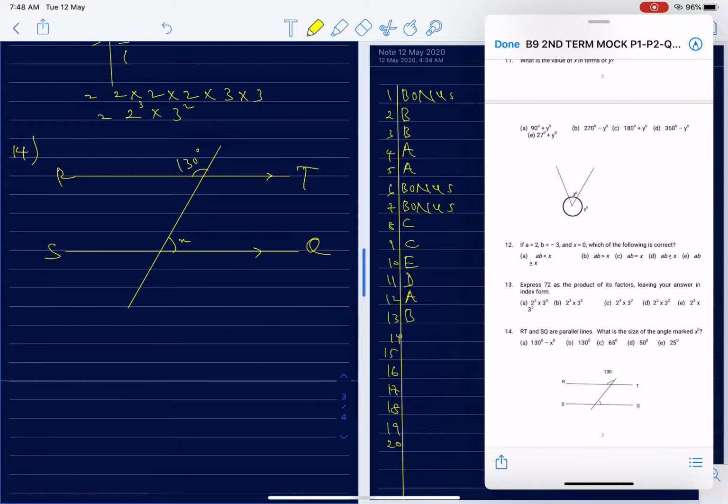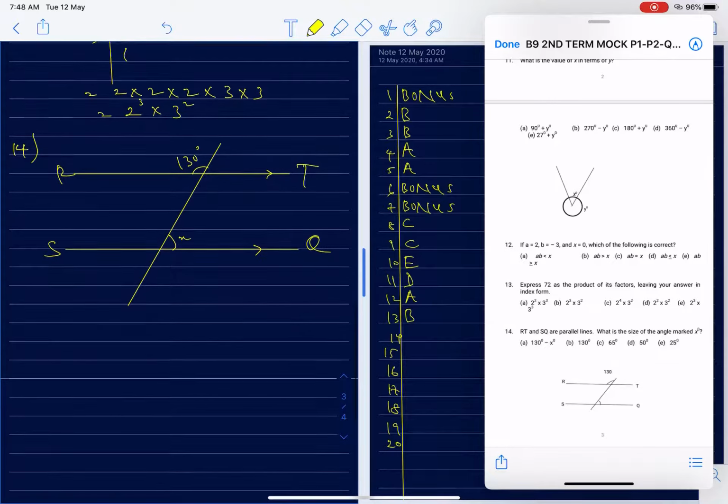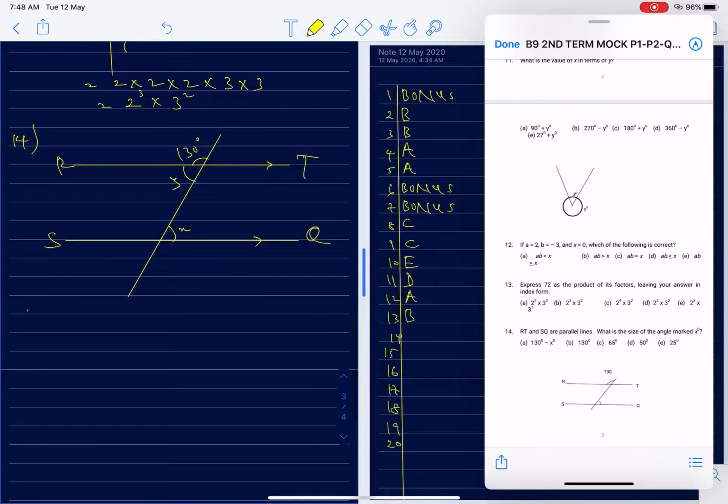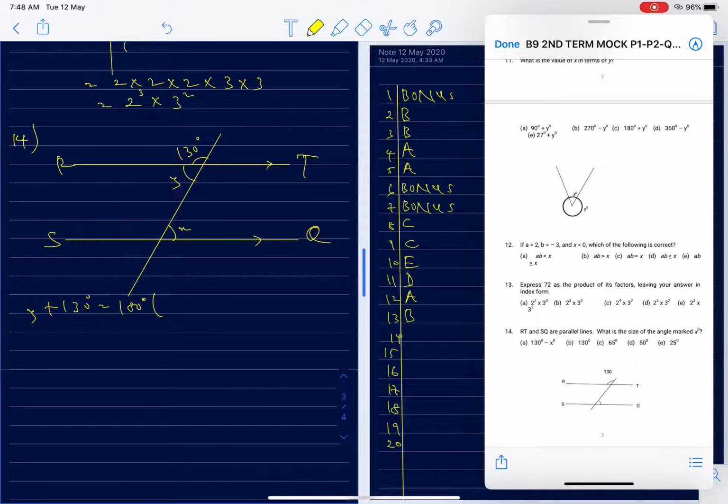If this is 130 degrees, this will be, let me call this Y. Y plus 130 equals 180 degrees. Let me write that in full.